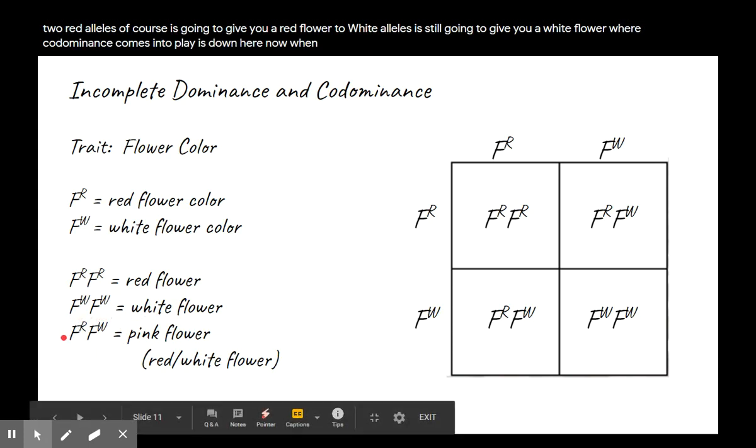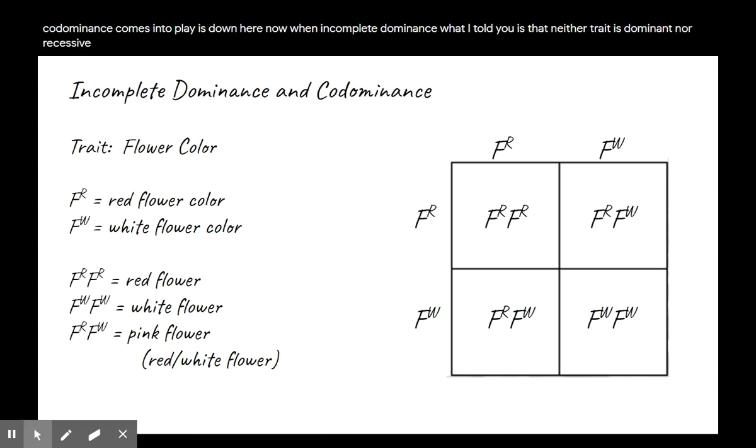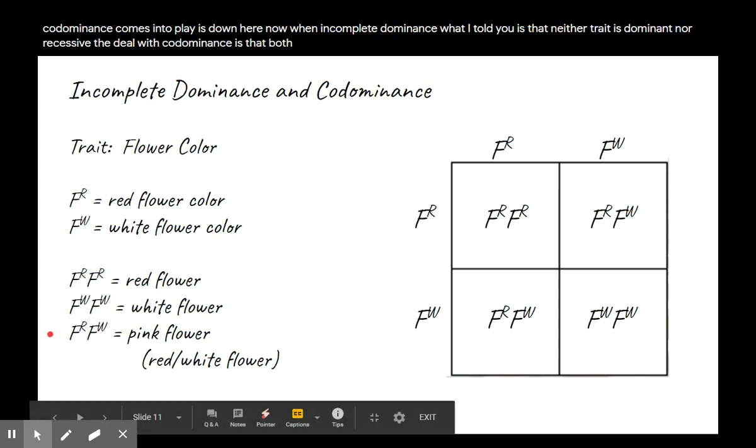Now, with incomplete dominance, what I told you is that neither trait is dominant nor recessive. The deal with codominance is that both versions of the trait are dominant. And so you have, again, a sort of a power struggle. They're both of equal footing, of equal strength, but the outcome is different.